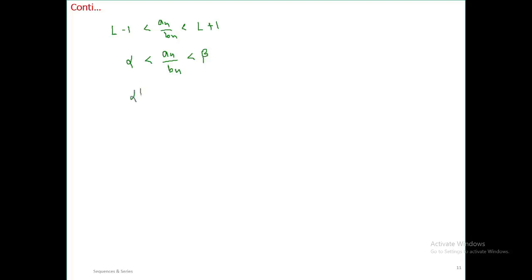So alpha into bn less than an less than beta into bn. Here alpha is L minus 1 and beta is L plus 1, or you can keep them as they are, no problem. Just for simplicity I am writing alpha and beta. If you keep L minus 1 as it is, you get L minus 1 into bn, and here L plus 1 into bn, nothing else. This is the rightmost inequality.